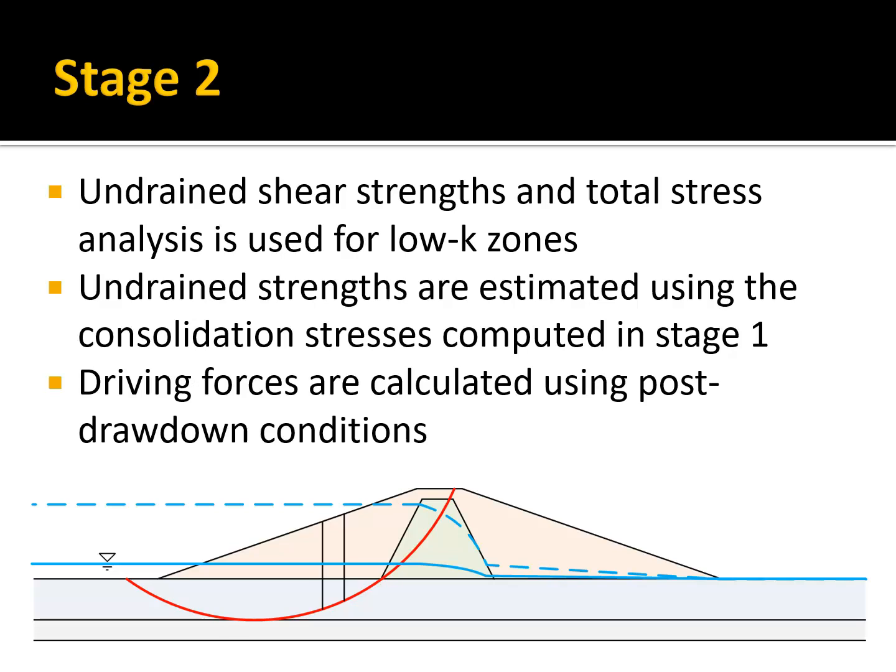The undrained strengths are estimated using the consolidation stresses computed in stage 1, as we've discussed, and the driving forces are calculated using post-drawdown conditions. And so this soil is still wet and saturated. You have the weight of that going down. This diagram shows this phreatic surface here, but in reality it's going to be up here somewhere, because the whole point is it hasn't had time to fully consolidate.